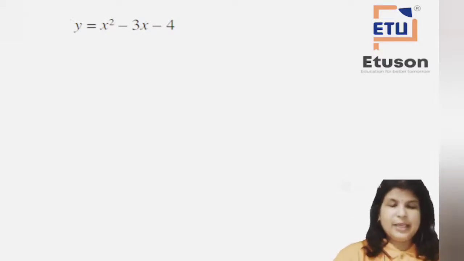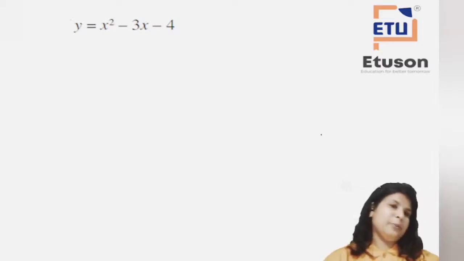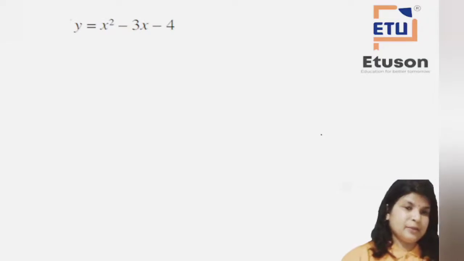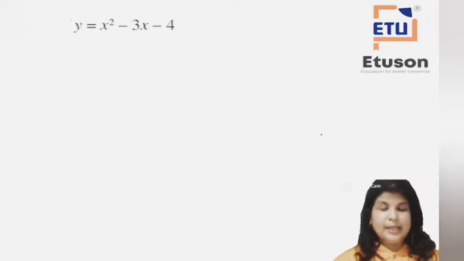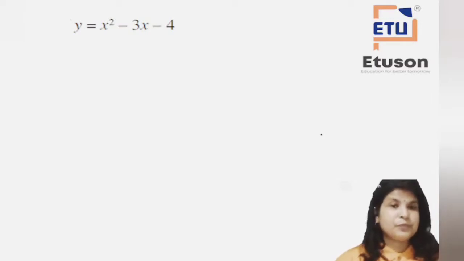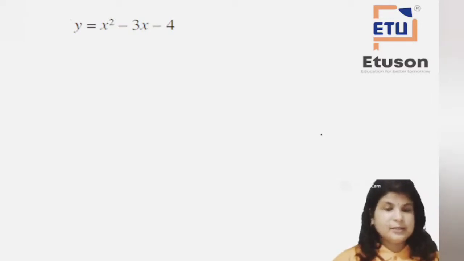Now let us go to the polynomial where the degree of the polynomial is 2. In this case, the polynomial is x square minus 3x minus 4. So what is the degree of the polynomial? It is 2. In order to save time, I have formed a table for you.